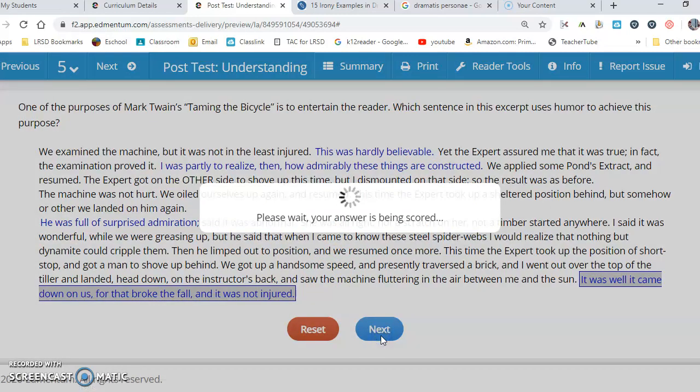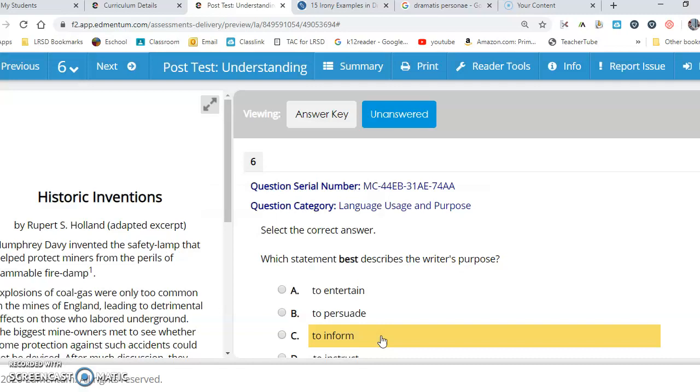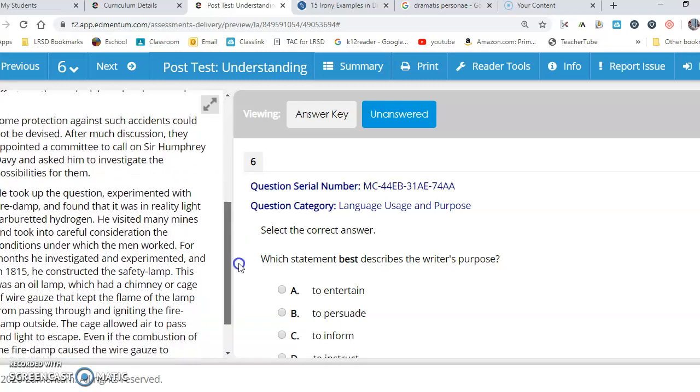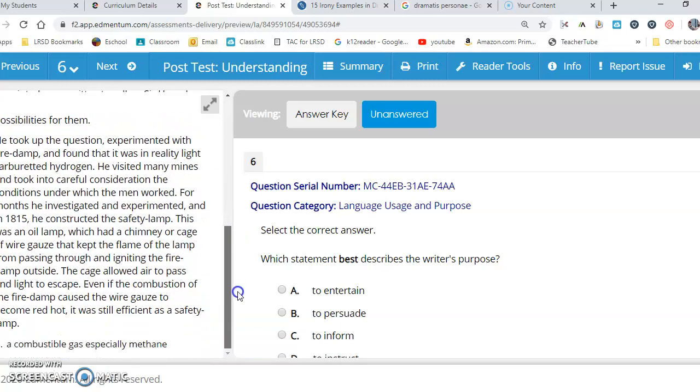Okay, number 6. This is a story about a safety lamp that was invented for underground mines. And it goes into detail about when it was constructed, why it was constructed, and what it did to improve safety.